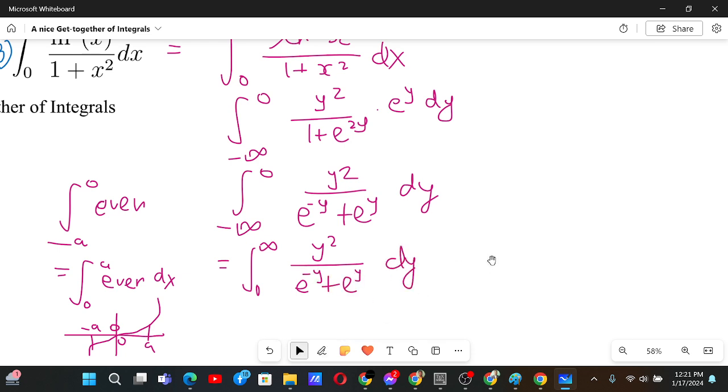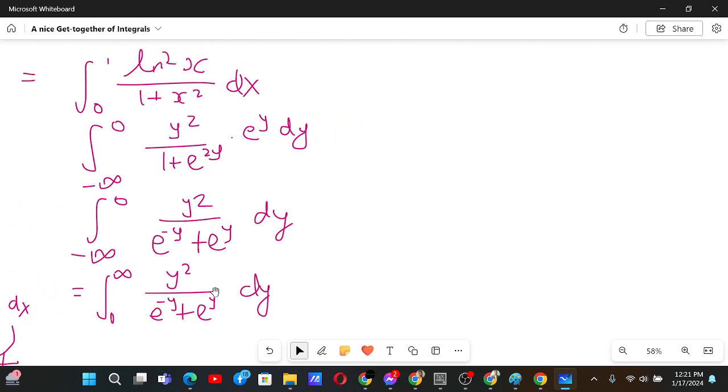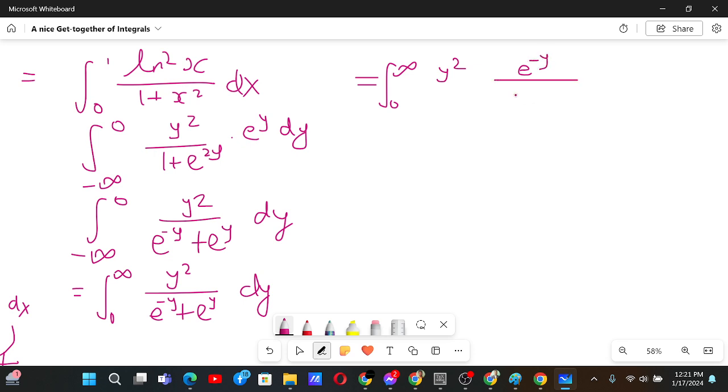After this, we can try to find the series expansion for 1 by e to the power minus y plus e to the power y. How? We can take it to the form of a geometric series. If we just divide by e to the power minus y in numerator and denominator, we will have 1 plus e to the power minus 2y. So now this is a geometric series with first term e to the power minus y and ratio minus e to the power minus 2y.